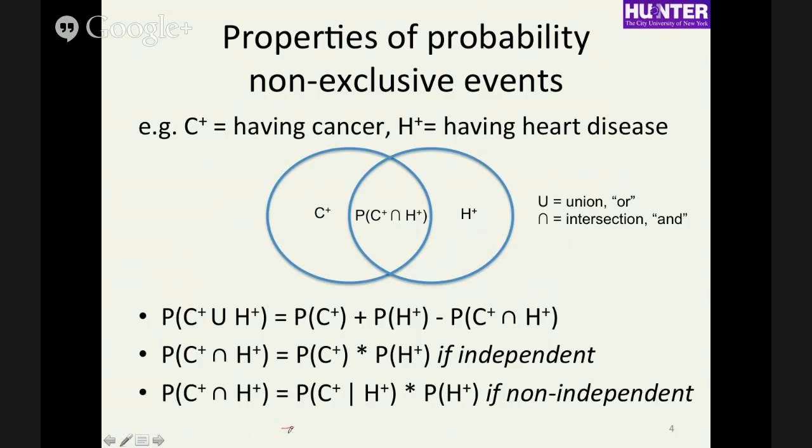And we have an answer coming across, and that answer is correct. Yes, that is correct, Emily. And I'm going to write that out on the slide too. Probability of heart disease given cancer times probability of cancer.